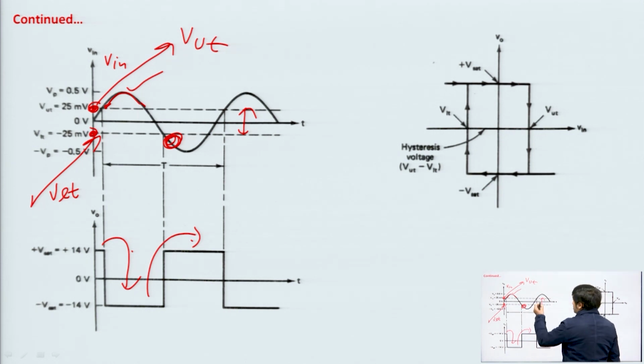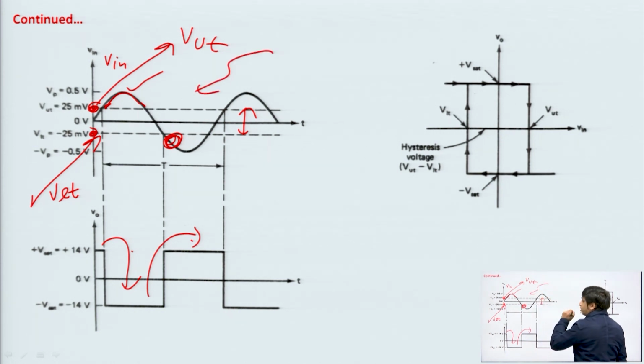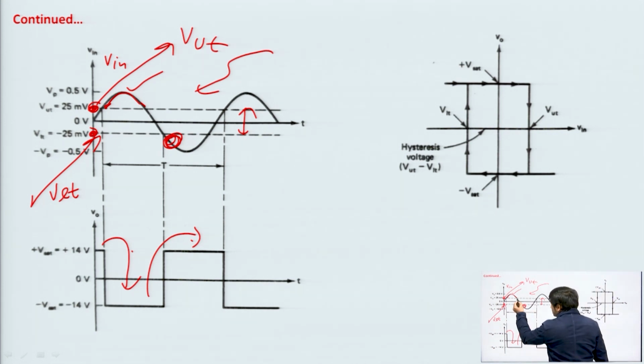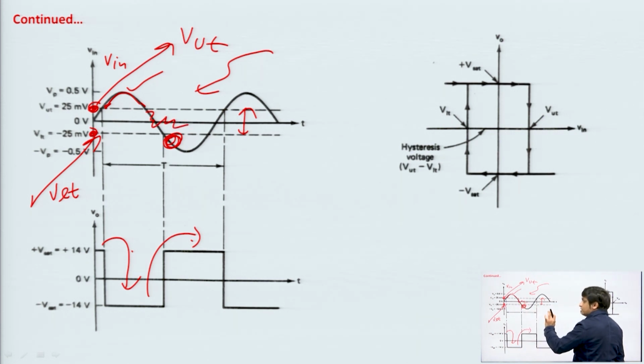Why is it an advantage? Because when noise or interference is added to the input signal and the input signal is distorted like this, causing multiple crossings, your output will not switch. In the zero crossing detector, the output gets switched from plus Vsat to minus Vsat and back.